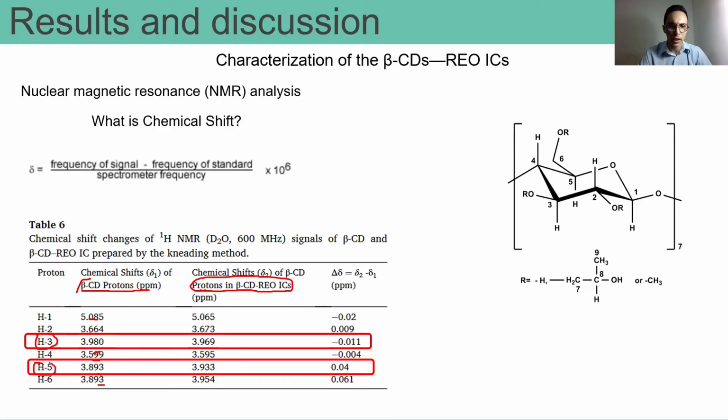We have a real difference in hydrogen 3 and hydrogen 5. This difference probably confirms that we have the formation of the inclusion complex.